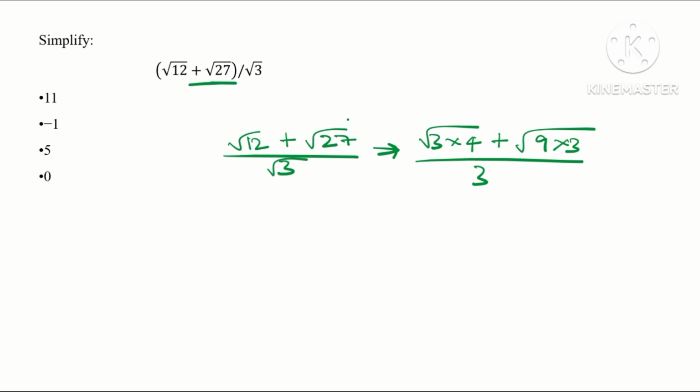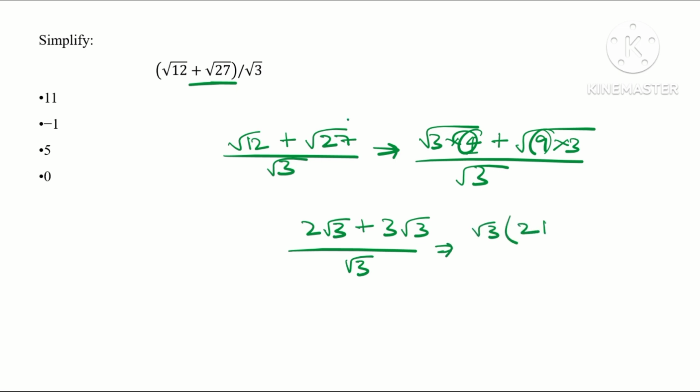Sorry, root 3. Root 4 is 2. 2 root 3 plus root 9 is 3, so 3 root 3, by root 3. Let's take root 3 as common. We get 2 plus 3 by root 3. Root 3 gets cancelled. The answer is 5.